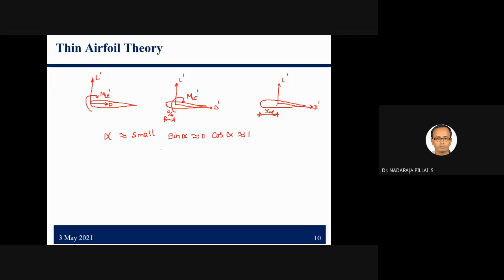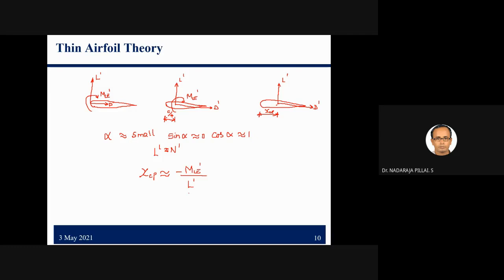If that is the case, you have L dash equal to N dash. So we can write N dash as L dash. That doesn't matter. So one can write x cp can be equated to minus moment about the leading edge by L dash. So now think about it. What happens if the lift reduces?